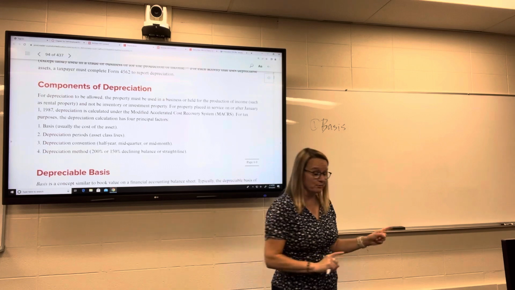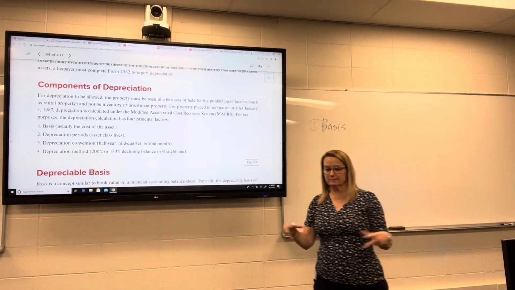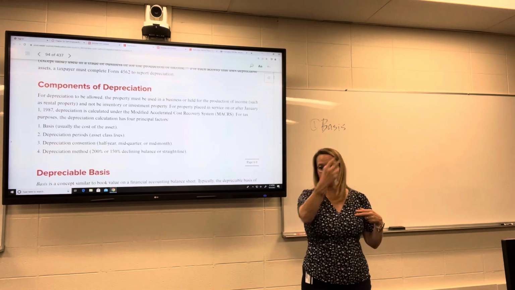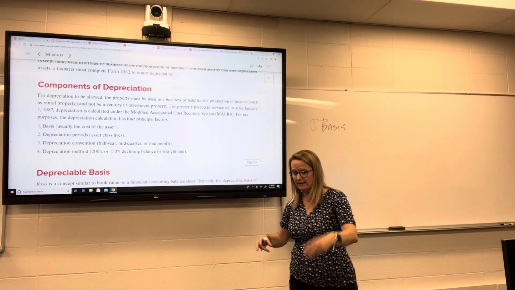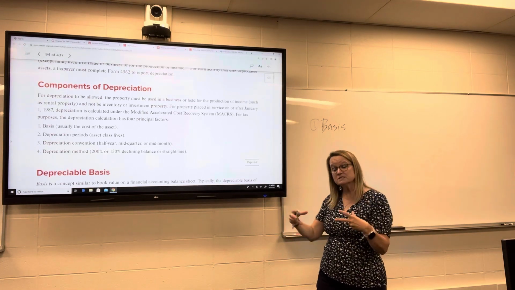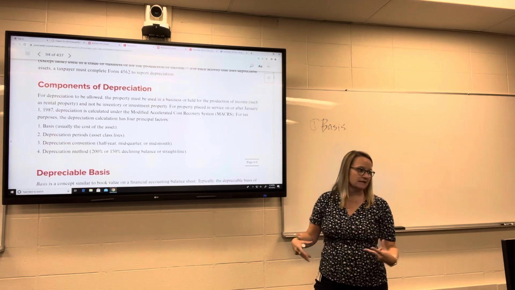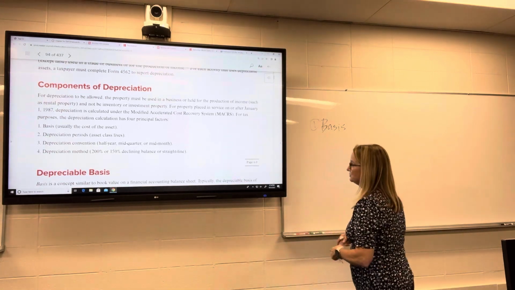Personal use property is property that I'm not using in a business. It's just mine. My personal car, my personal computer, my kitchen table. Personal property, though, is business property that's not real estate. Essentially, every other type of asset that's not real estate is personal property.